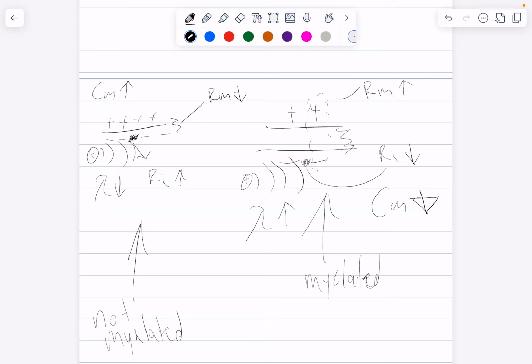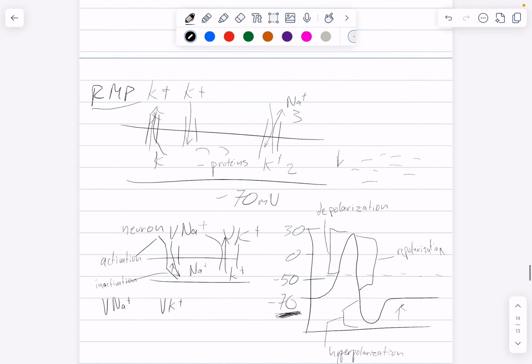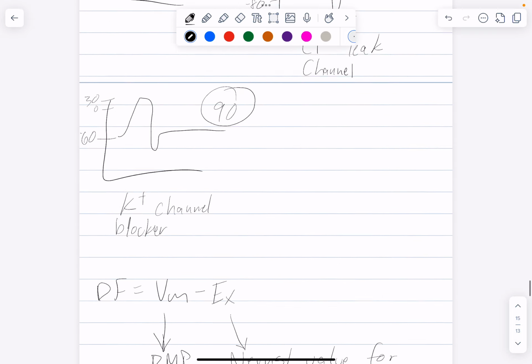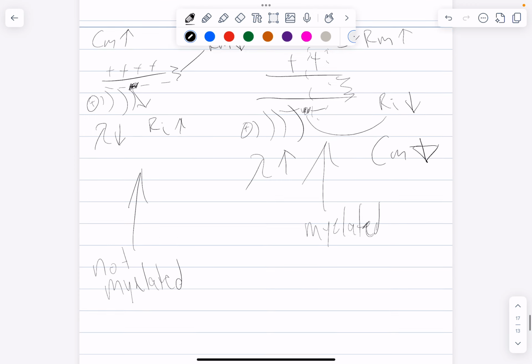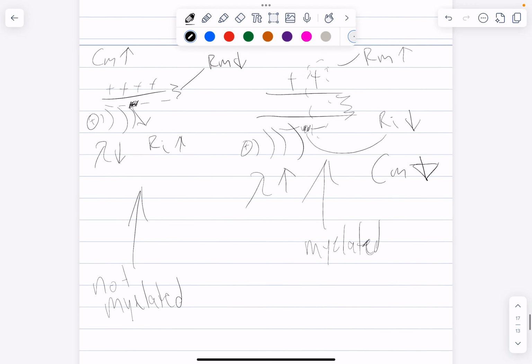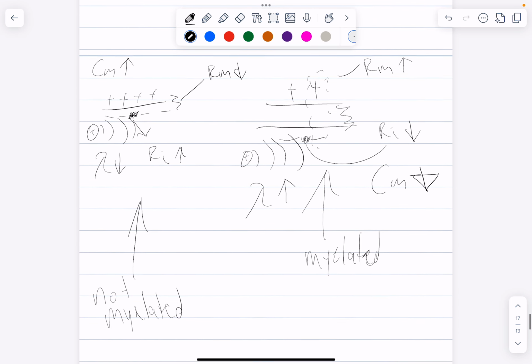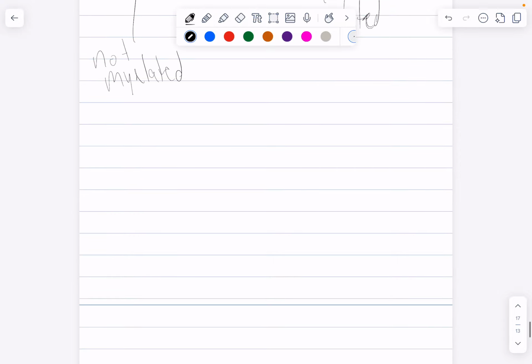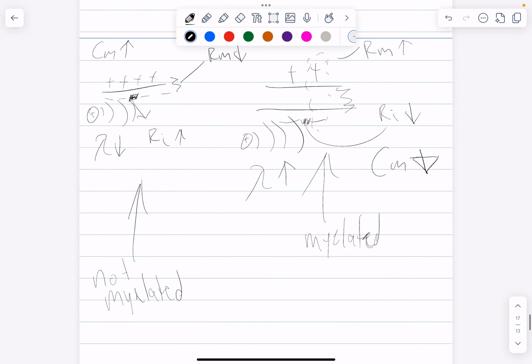That is pretty much capacitance. So yeah, myelin versus non-myelinated. That's pretty much it. And I think that's everything. Just let me know if I missed anything.